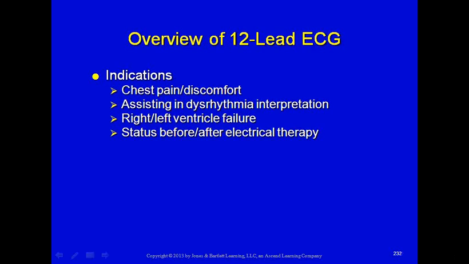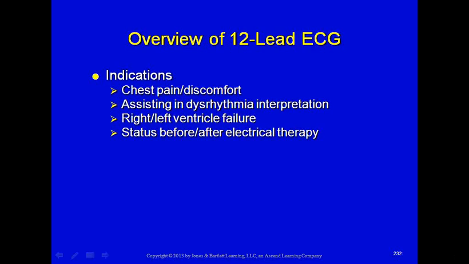As an example, we see left ventricular hypertrophy, or an enlargement of the left ventricle, from athletic heart or from heart failure, or an enlargement of the right ventricle, right ventricular hypertrophy, that we see commonly with pulmonary hypertension and right heart failure.